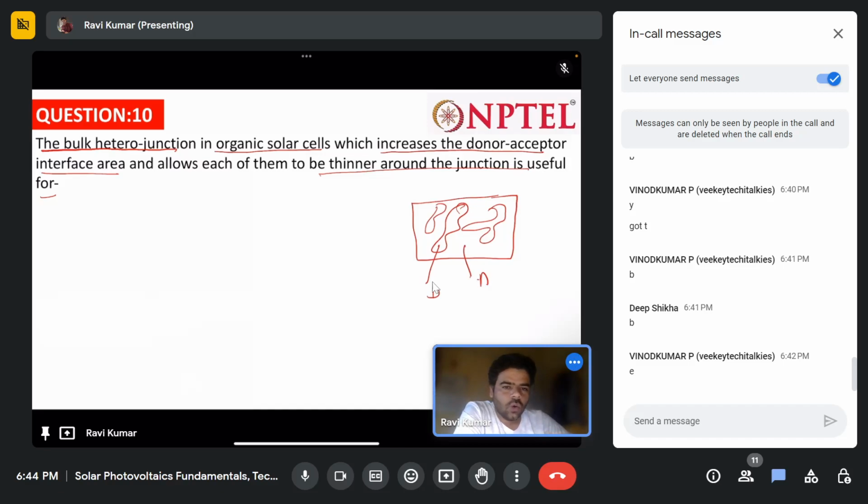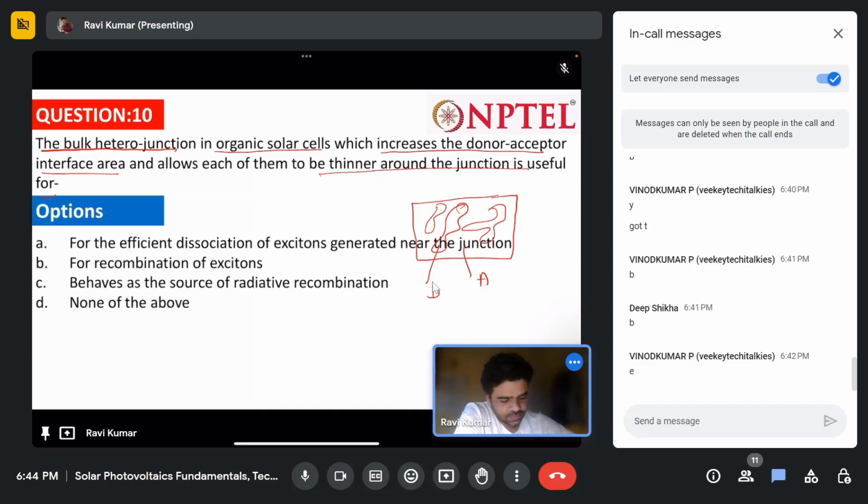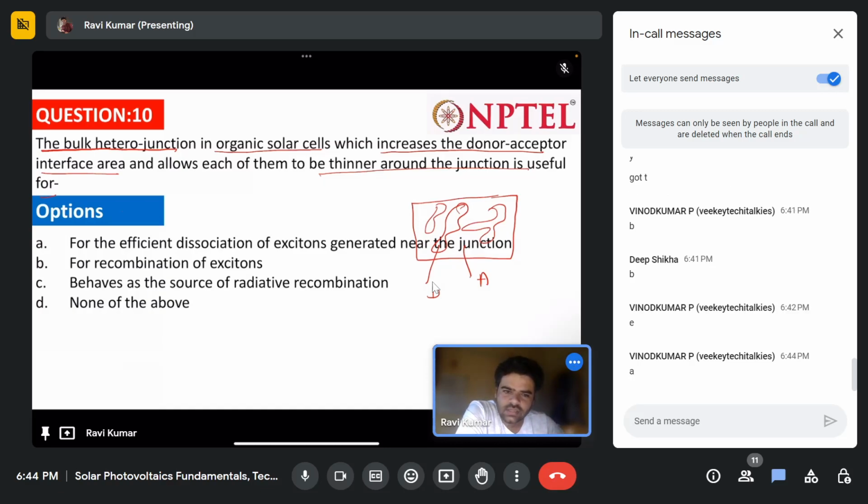It is saying all this is useful for what? And these are the options. For the efficient dissociation of excitons generated near the junction, for recombination of excitons, behaves as the source of radiative recombination, or none of the above. Vinod said A. Mustafi Subbaraj also said A. So A is the answer here.